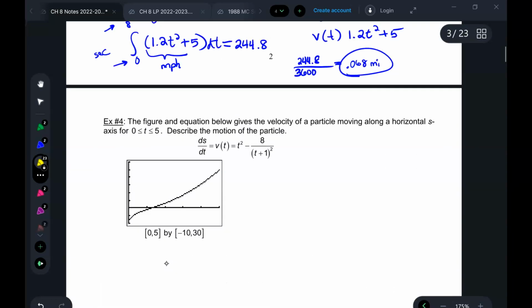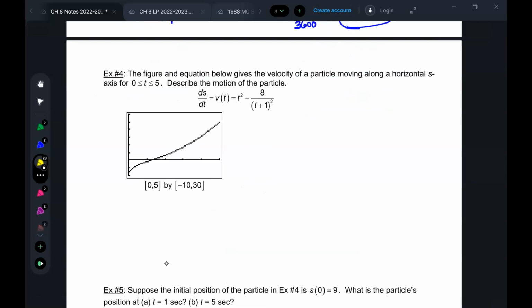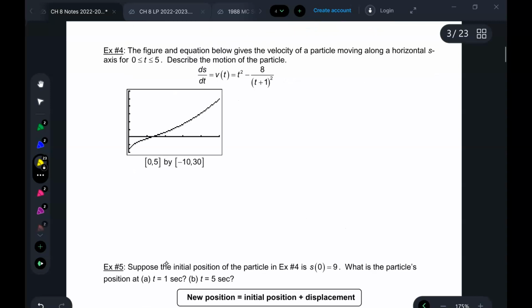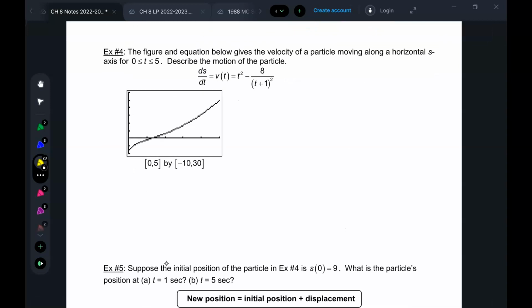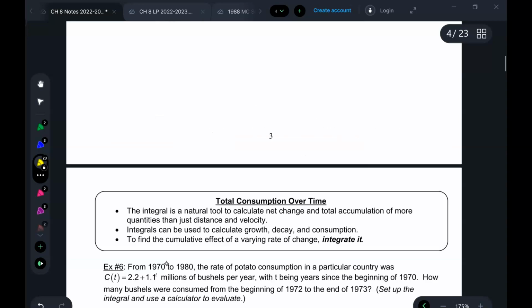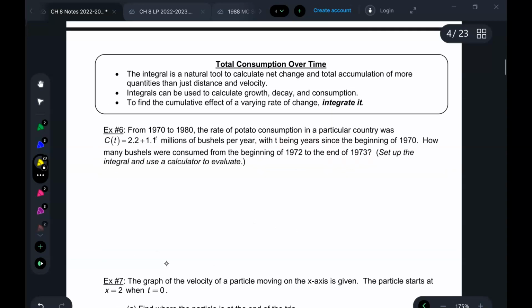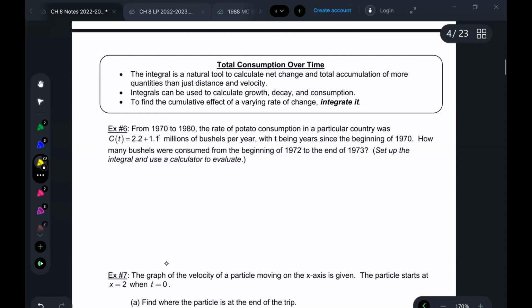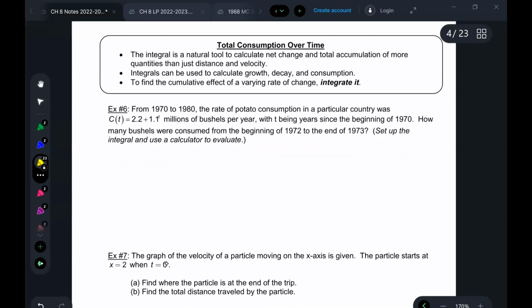Uh-oh. Let's skip this one for the moment. I'll come back to it if we have time. So let's skip to the next page.